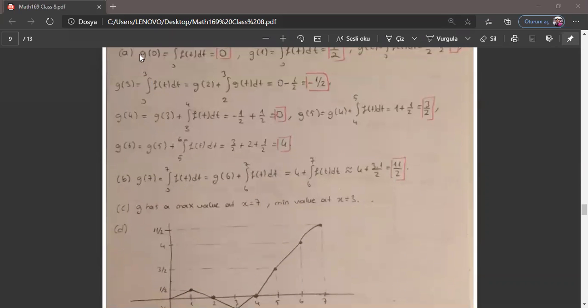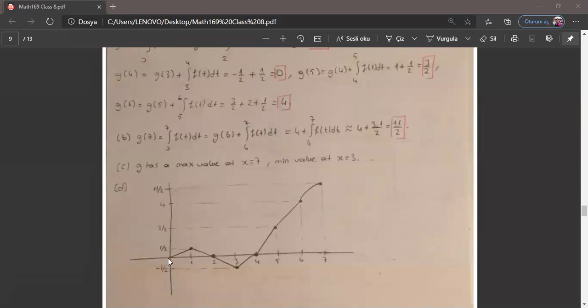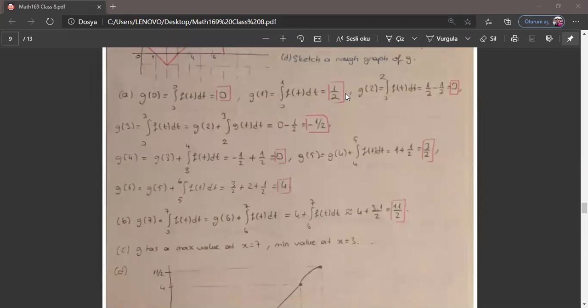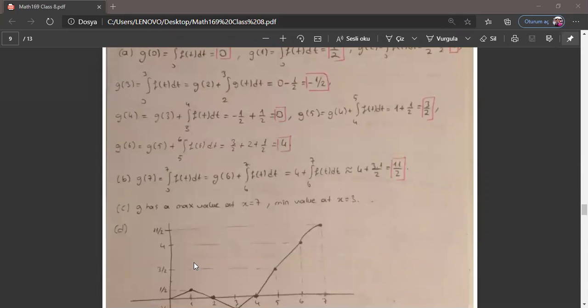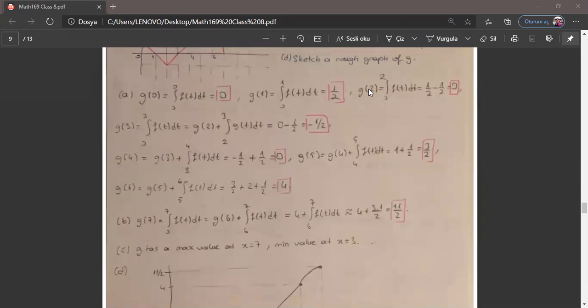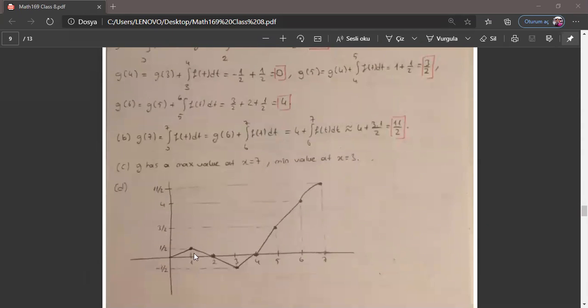So when we put 0, we get 0. Here we have 0. When we put 1, we have 1 over 2, as in here. When we put 2, we get 0 again, here. So we continue like this till 6, okay? All are lines, okay? All of them lines.